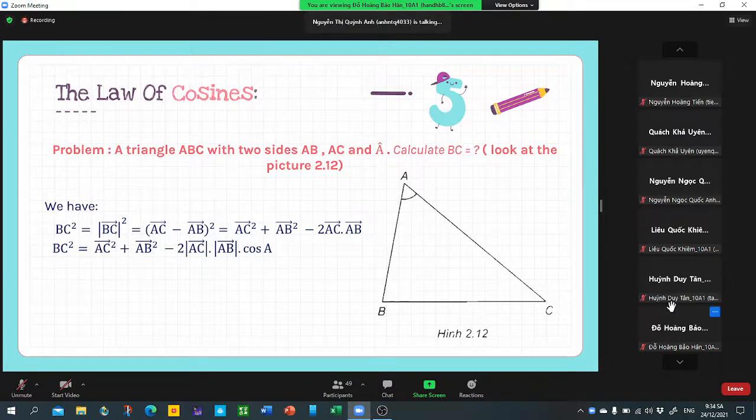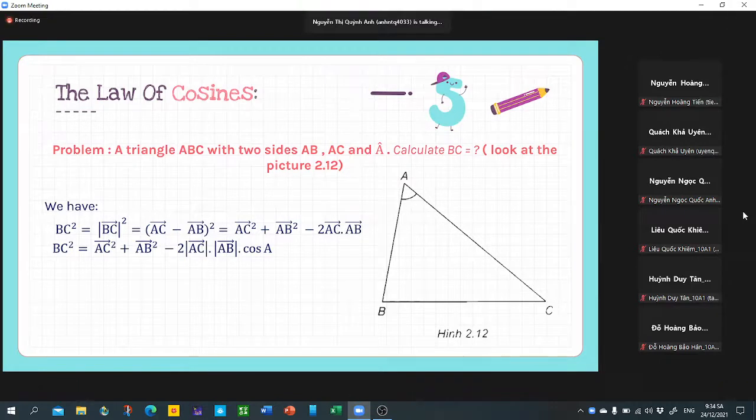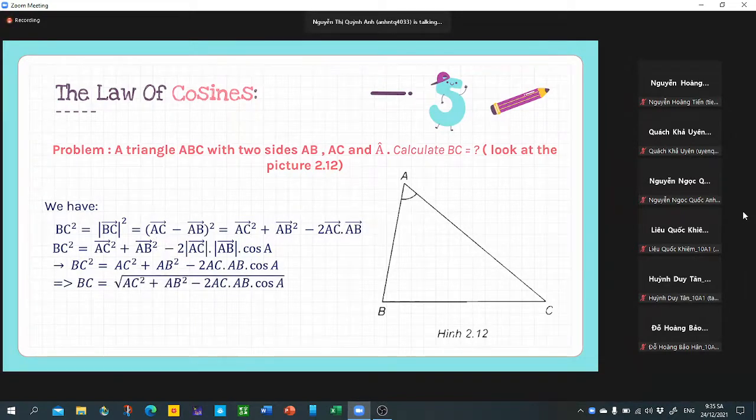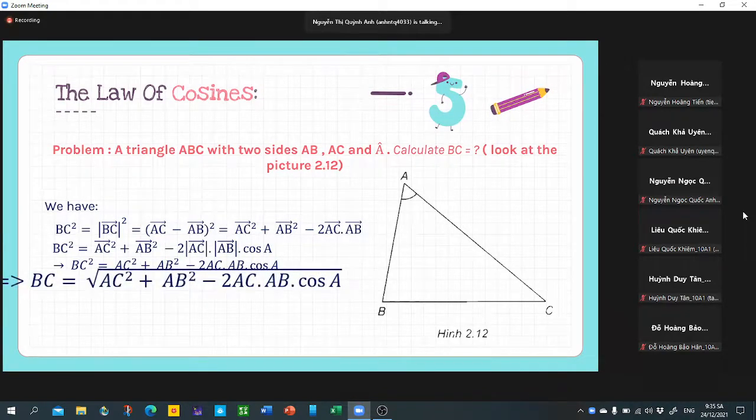BC squared equals AC squared plus AB squared minus 2 times AC times AB multiplied by cosine A. So BC equals the square root of AC squared plus AB squared subtract 2 times AC times AB multiplied by cosine A.